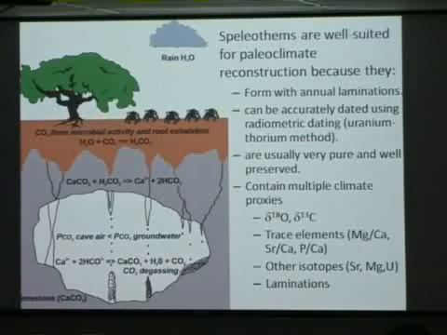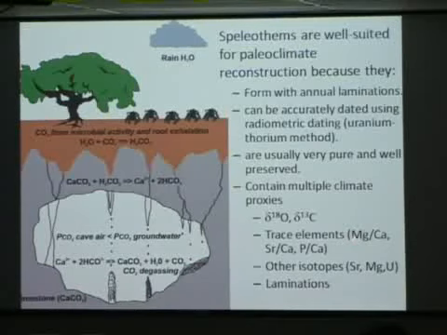But relative to some other terrestrial paleoclimate archives, this method has many advantages over some of the dating methods that we apply to, like, lake records, for instance. They also tend to be very pure and well preserved, and they come from these caves, which are pretty sheltered environments.